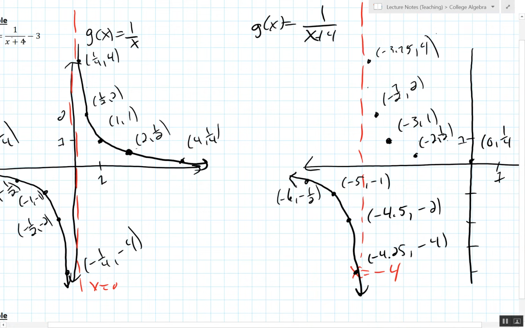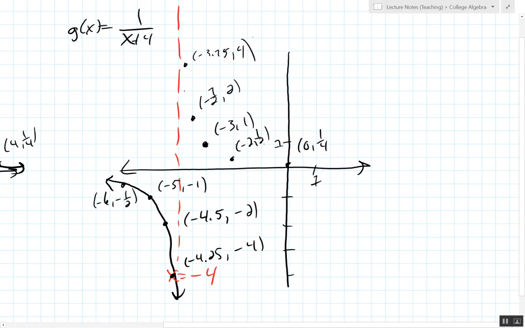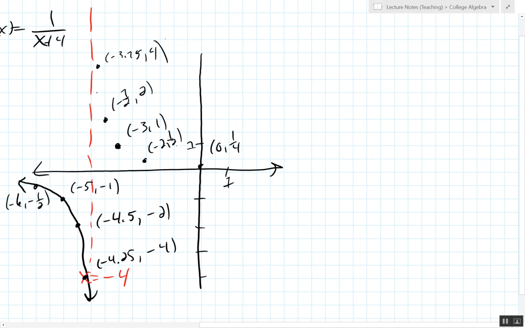And then finally we want to then subtract 3. So we're going to take all this graph and subtract 3 from all the y coordinates. So we're going to have now f of x equals 1 over x plus 4 minus 3.